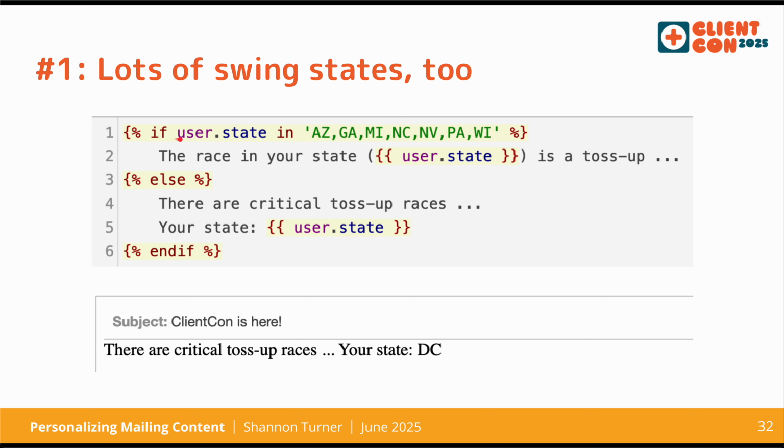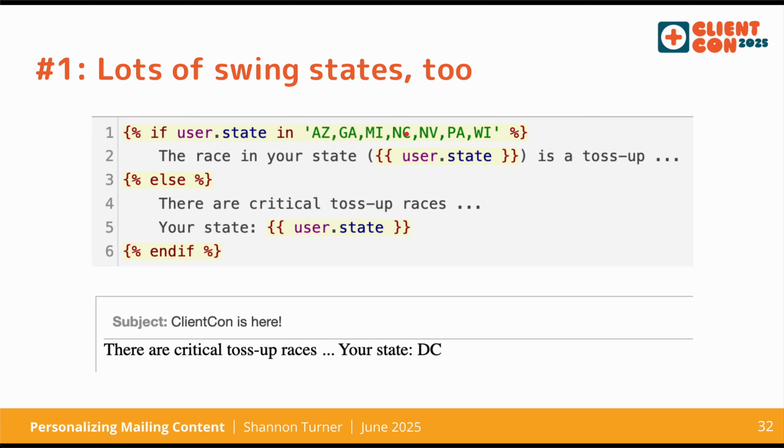So here I'm saying, is my user in one of these states? Notice that the syntax here is a little bit different than before. Rather than checking for whether the user's location is equal to something, we're checking for whether it's in this text.